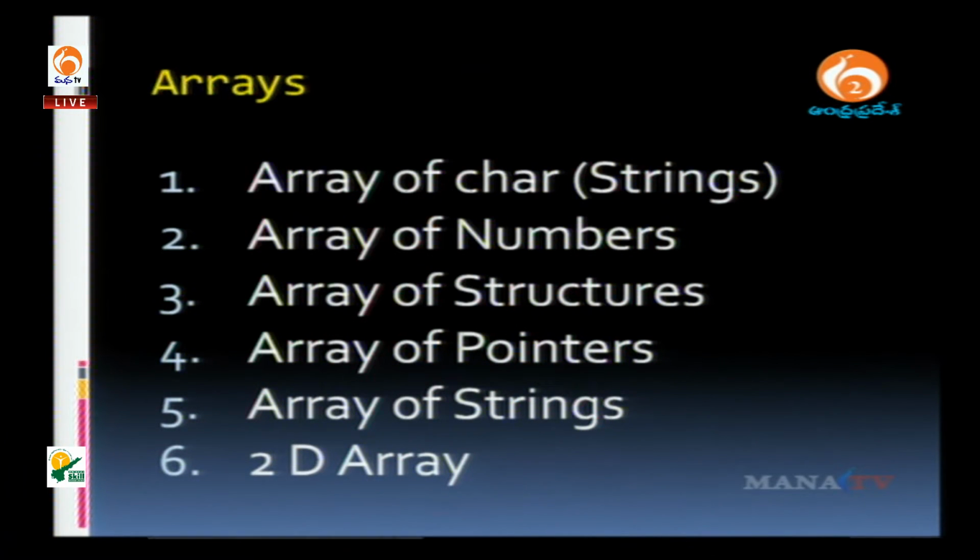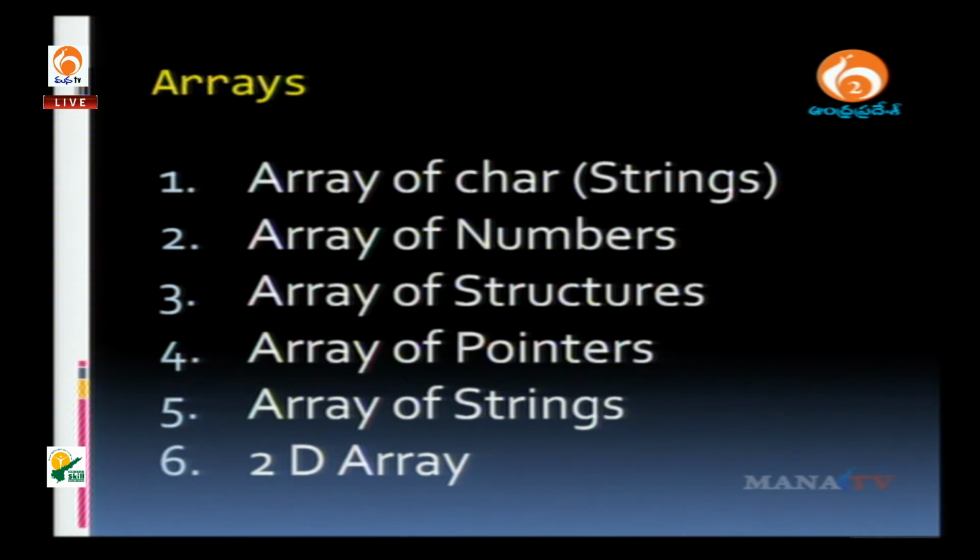We do not have a string data type in C and C++. We use a character array or char star in C language and C++ to get strings. Okay. So we can go for array of characters, array of numbers, array of structures, array of pointers, array of strings and 2-dimensional array.